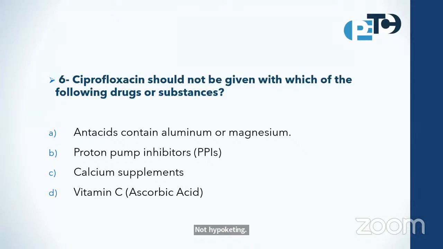Ciprofloxacin should not be given with which of the following drugs or substance? To know this question, we have two main pieces of important information for ciprofloxacin. First, it is an inhibitor to cytochrome.